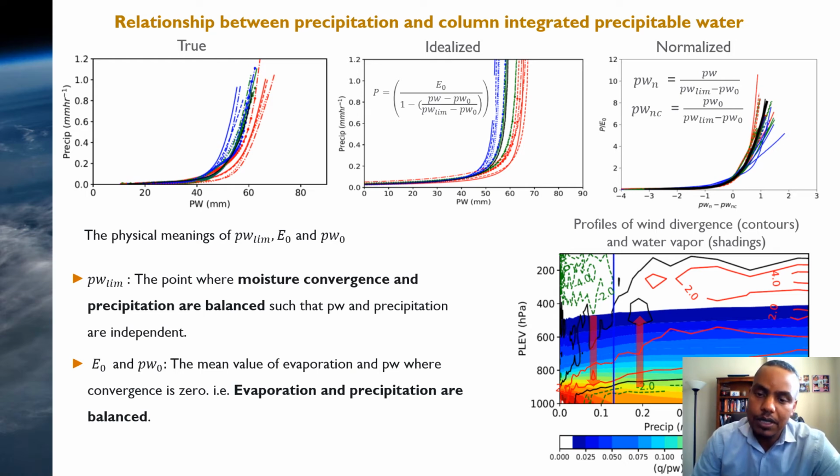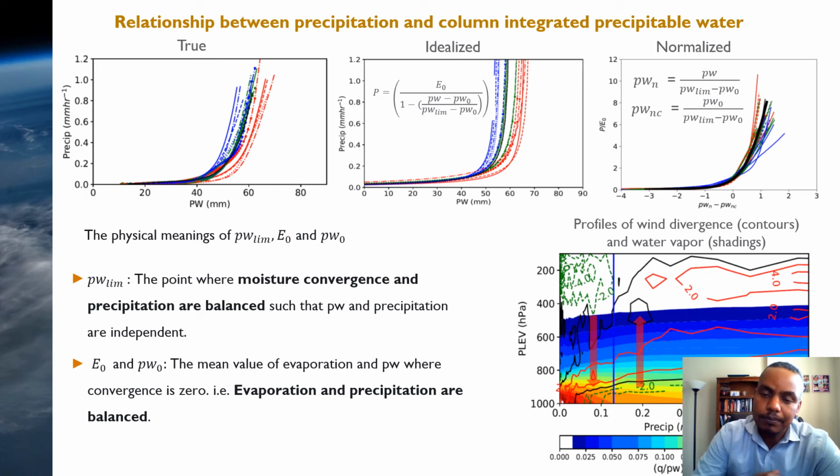So the PW0 is basically the precipitable water value at which moisture convergence changes sign. And the PW limit represents the evolution of the vertical structure of moisture convergence with increasing precipitation.